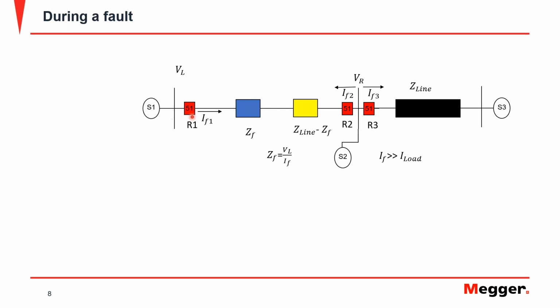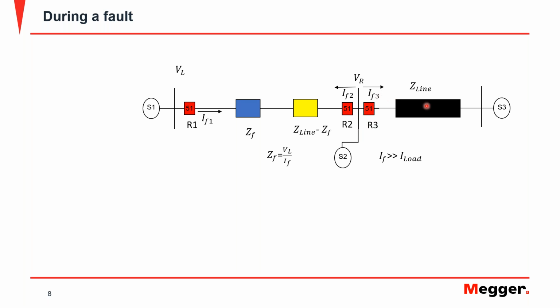I have a relay here which has a 51 element, and the current is circulating into the line. For R2, which is the relay that I have right here, it also has a 51 element, and the current is also circulating into this line. And for this other element here, the conditions of the load make it so that the normal circulation of current on this relay is to the right.